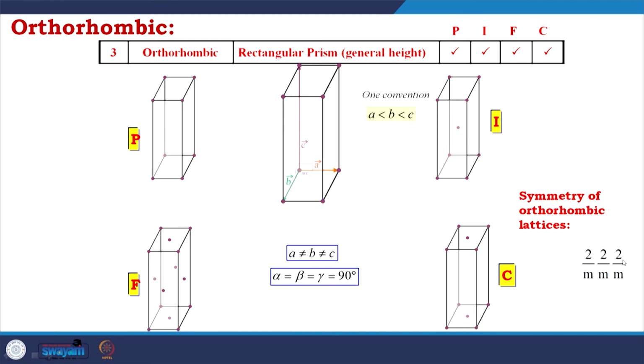Orthorhombic has all the types: primitive, body centered, face centered, C centered. a not equal to b not equal to c, angles alpha equal to beta equal to gamma equal to 90 degrees. Symmetry 2 by m, 2 by m, 2 by m.